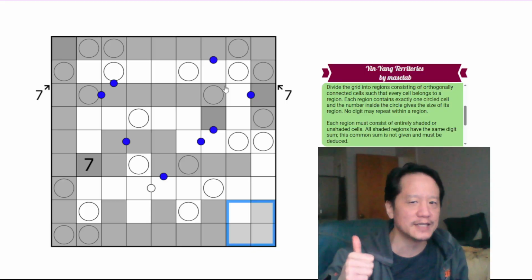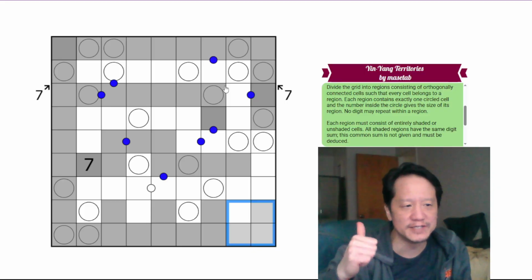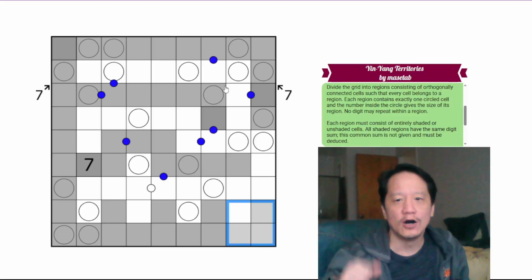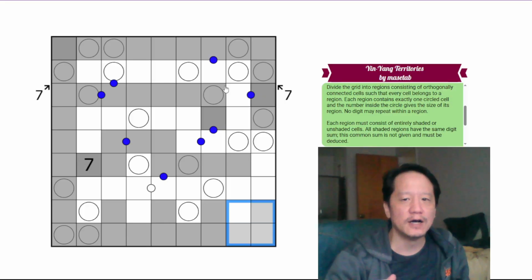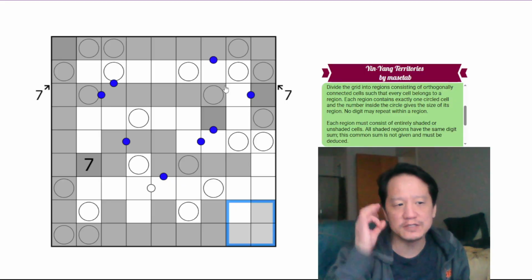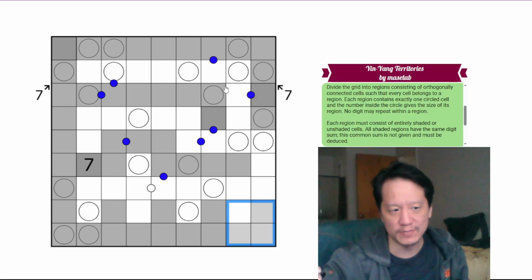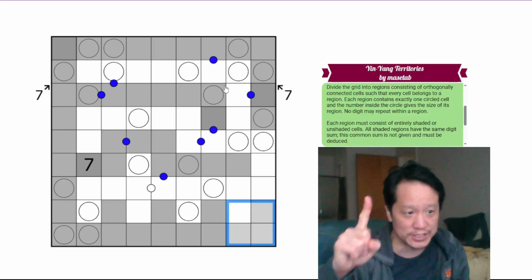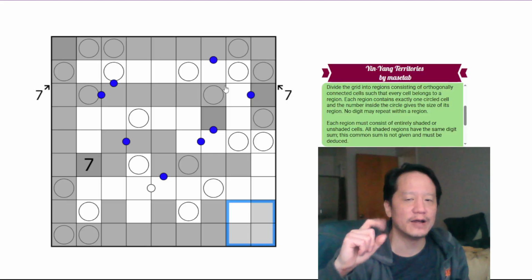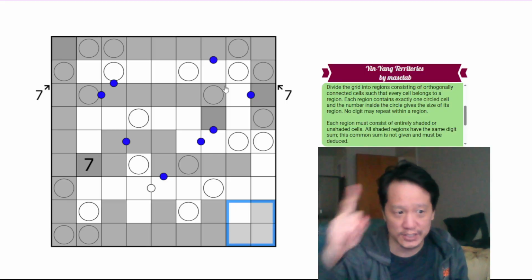It implies that it could be the sum of the digits, in which case you should be saying all shaded regions, their digits sum up to the same sum. Or if you're implying that it is the same digit that they're summing to, you should say all shaded regions sum up to the same digit.